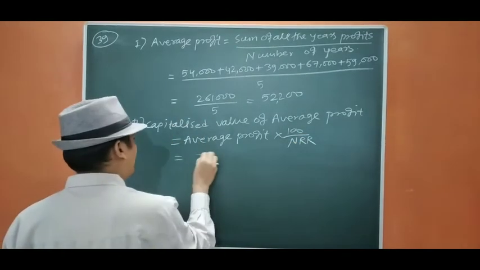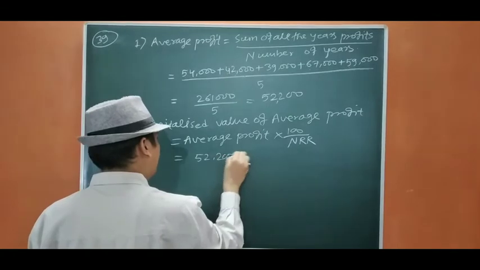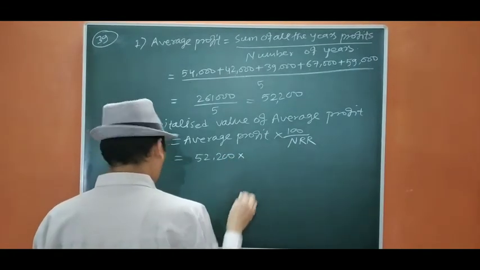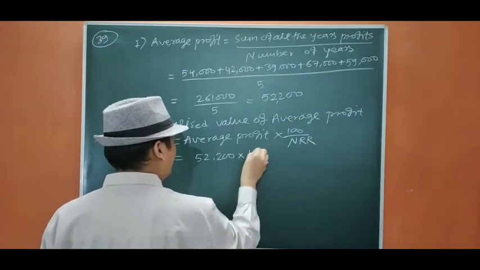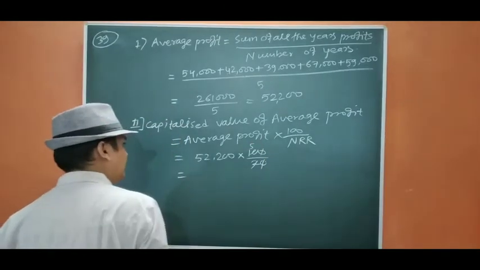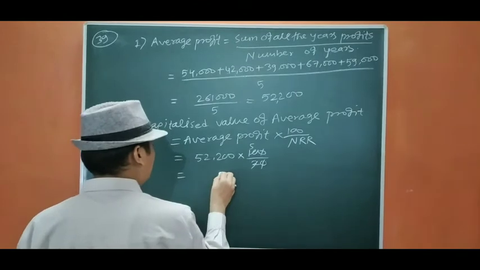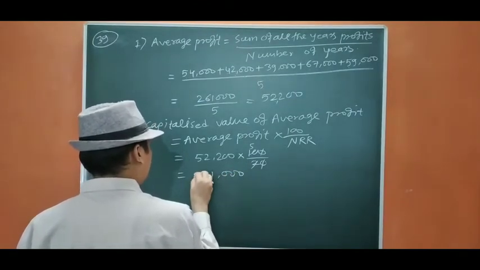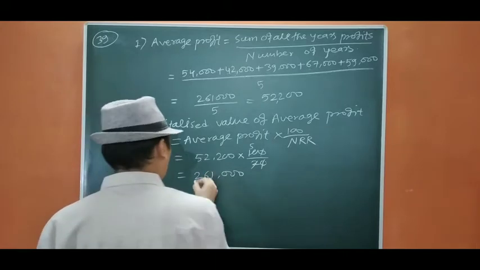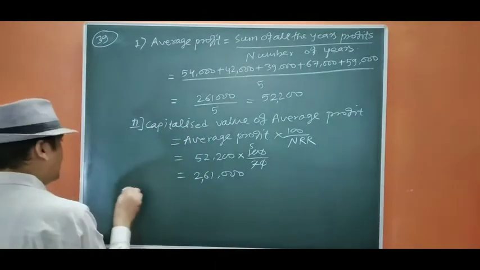That will be 52,200 into 100 upon 20. So it will be 5, 2 lakh 61,000.